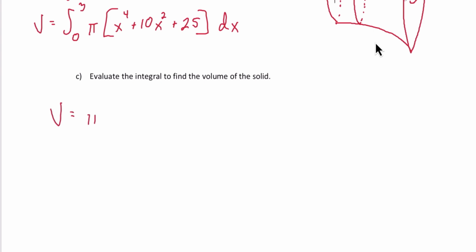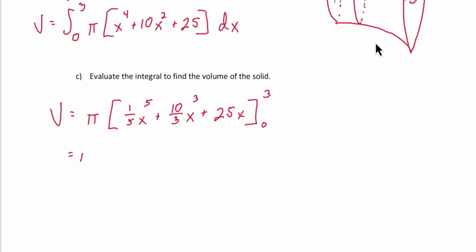So we'll leave pi on the outside, and integrating we get 1/5 x to the 5th plus 10/3 x cubed plus 25x. And we are evaluating from 0 to 3.